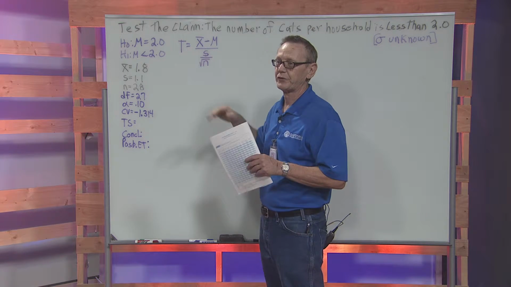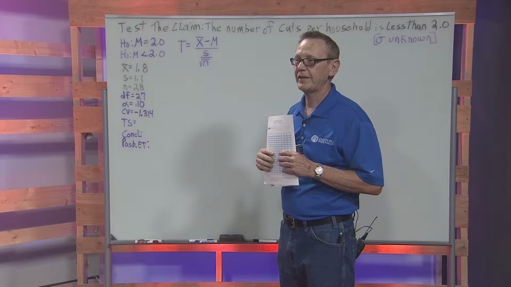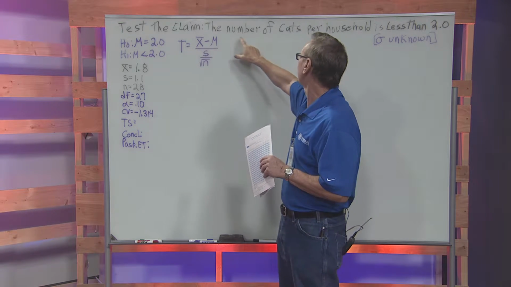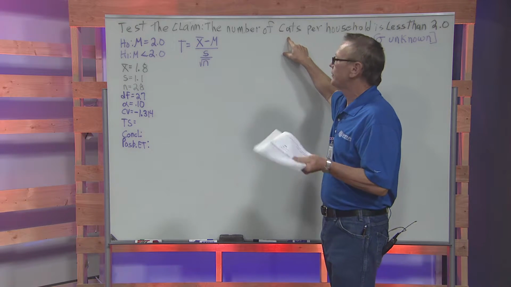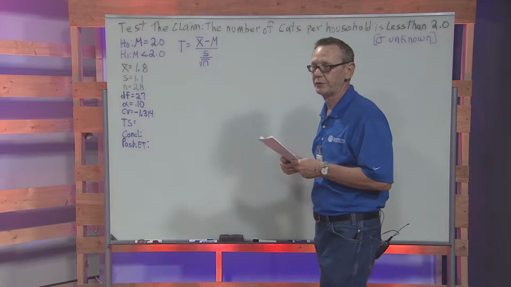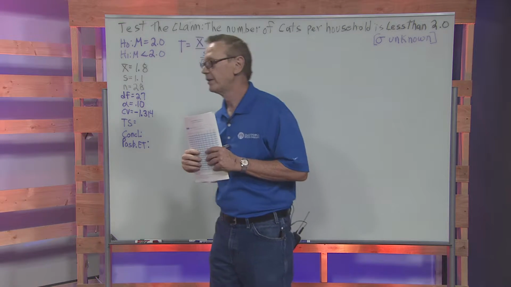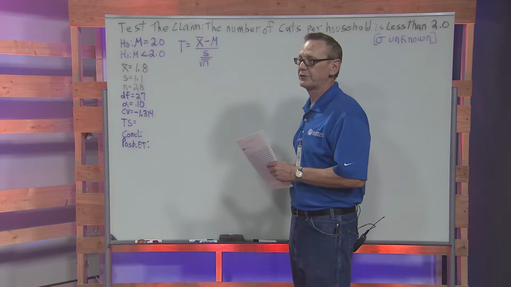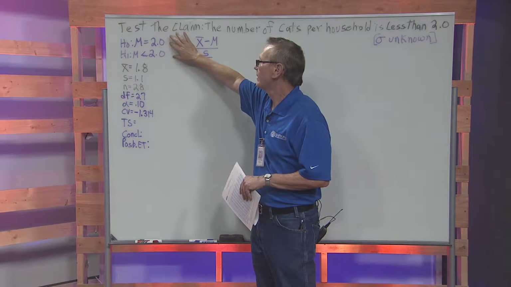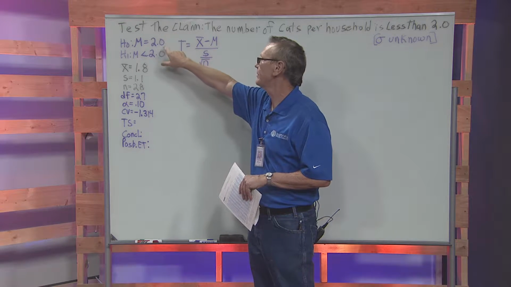There was a randomly conducted survey of U.S. households, testing a claim that the number of cats per household is 2.0. The survey results, randomly collected data, are listed here. On top, we have the hypotheses.